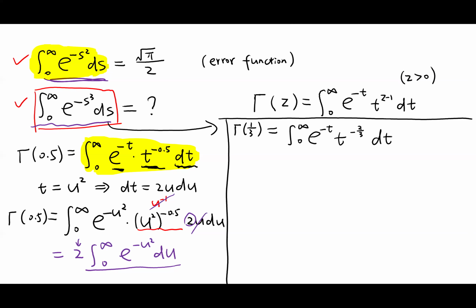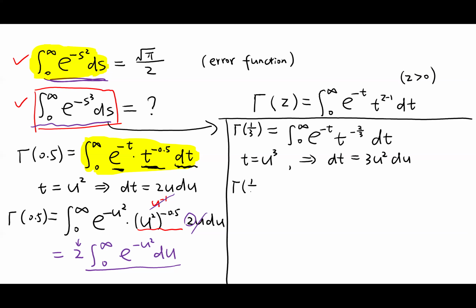That's what we got. And then we do the same substitution. Now we are going to define t equal to u cubed. Because of this, dt should equal to 3u squared du. So now let's do the substitution and see what we got.